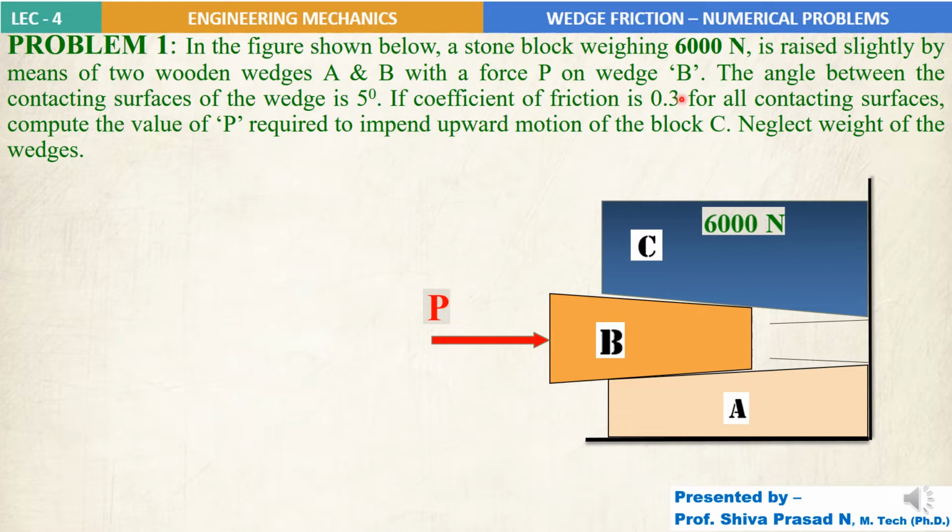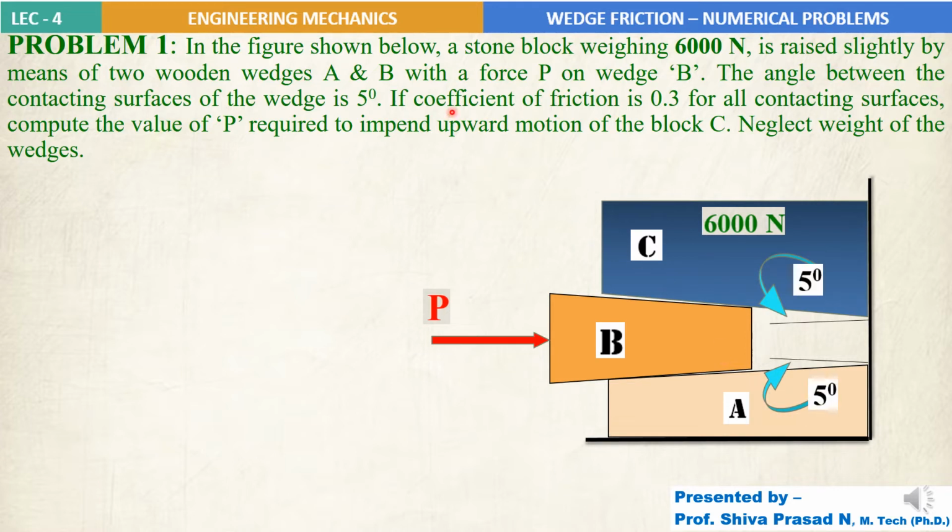It is also given in the problem that the angle between the contacting surfaces of the wedge is 5 degrees. So all the contacting surfaces are inclined at 5 degrees to the horizontal. That's what is given in the problem.